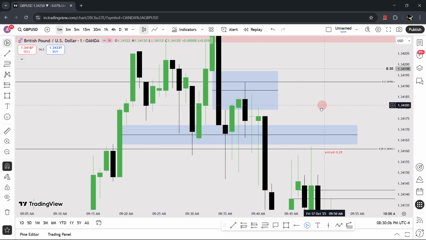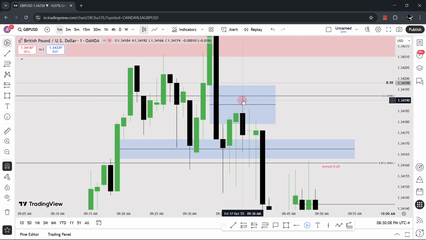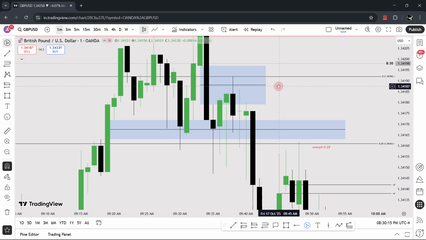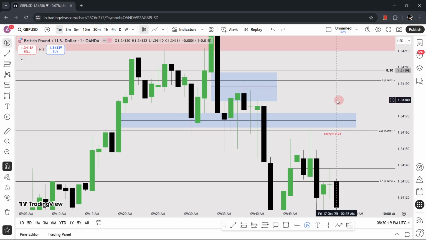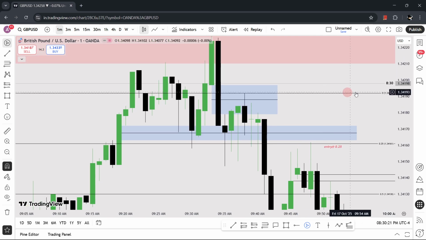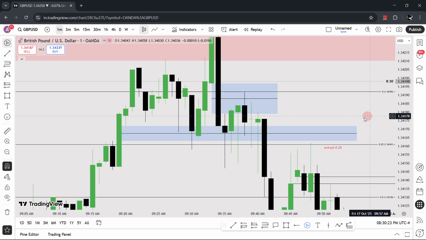Okay, so after the price went into this fair value gap and started to show a rejection, the rejection from the downside also was higher. That's another reason why I was waiting. You see, this candle went to the midpoint and touched this one, right?